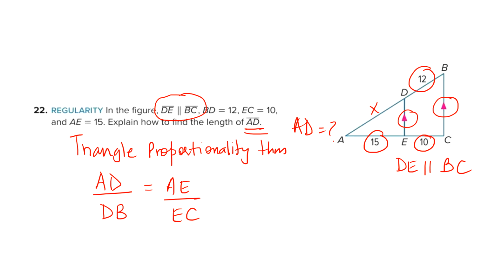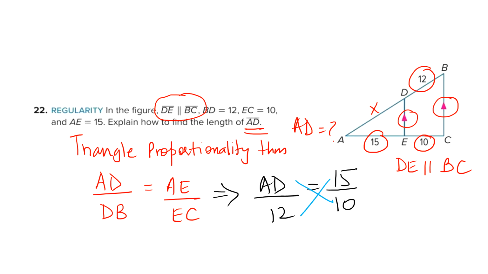So just plug in the values. AD I don't know, let it be x. BD I know is 12. AE is 15. This is 10. So now it's very easy. Solve this for AD. Do the cross product. So 10 multiplied by AD is 12 multiplied by 15. Use your calculator.